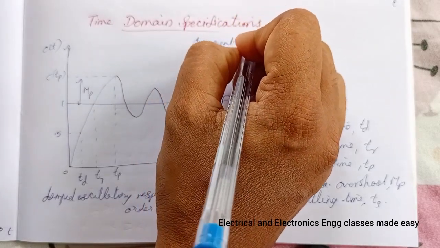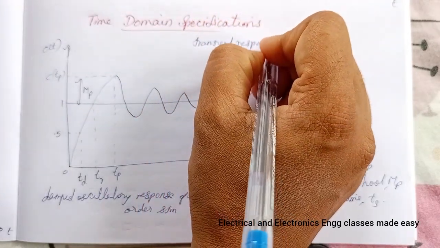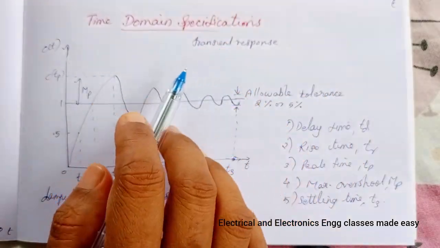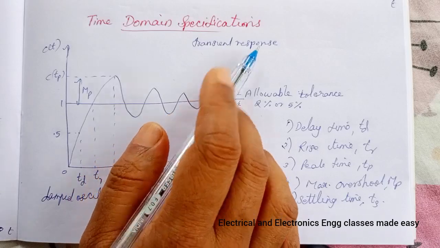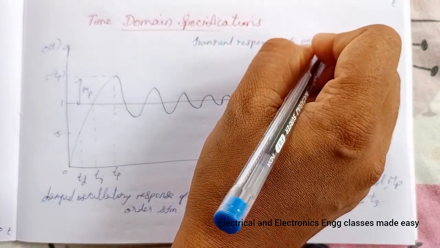The desired performance characteristics of a system of any order may be specified in terms of the transient response to unit step input.